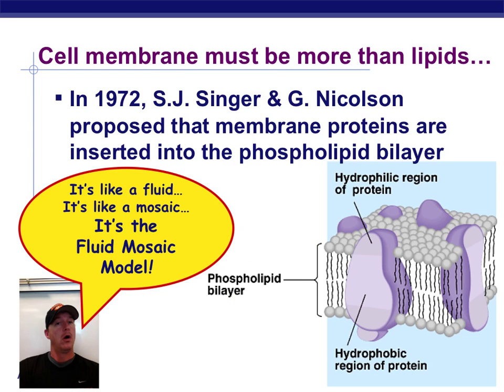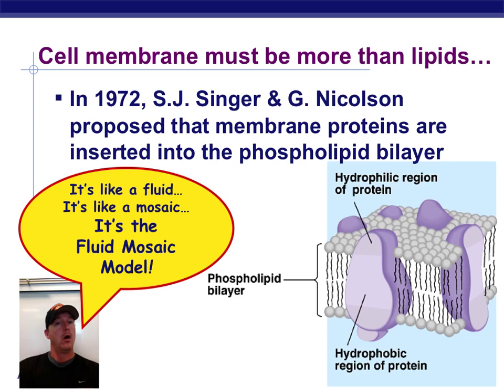As we started to mention before, this cell membrane is much more than just the lipids, and we talk about its structure being a fluid mosaic. Again, that specific fluid mosaic model takes this entire structure, dealing with the hydrophilic region of a protein and the hydrophobic region of the protein, that are going to match up with the phospholipid bilayers because of their properties that we already talked about, but it's far from just a rigid, unchanging structure.